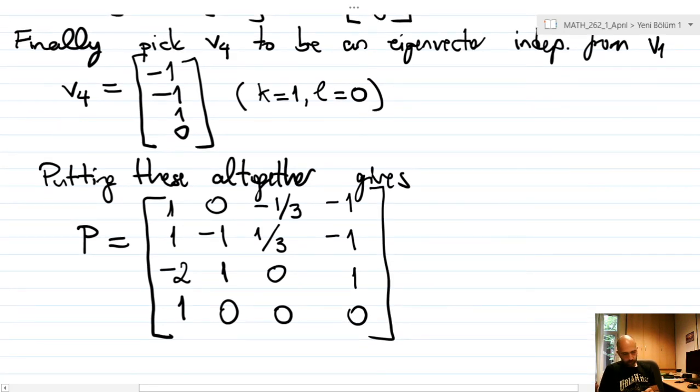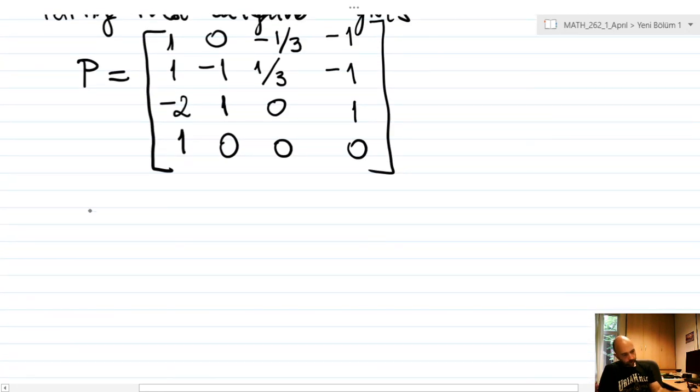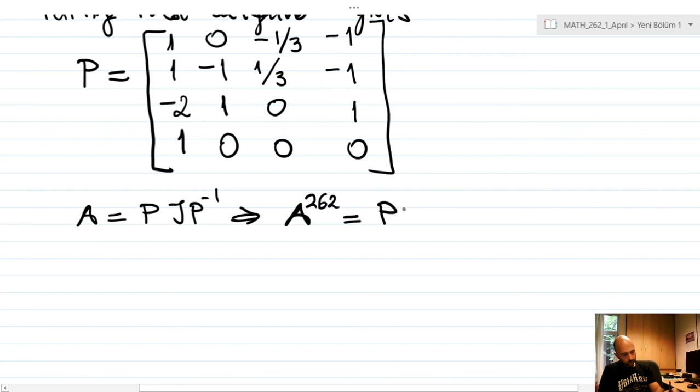Just to finish the problem, let's go back. A was PJP inverse, therefore A to the 262 is P J to the 262 P inverse. We now have P, we can easily find P inverse.